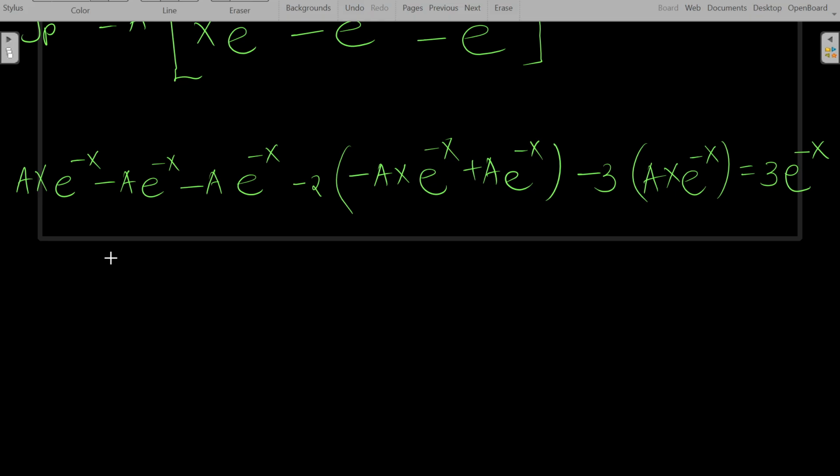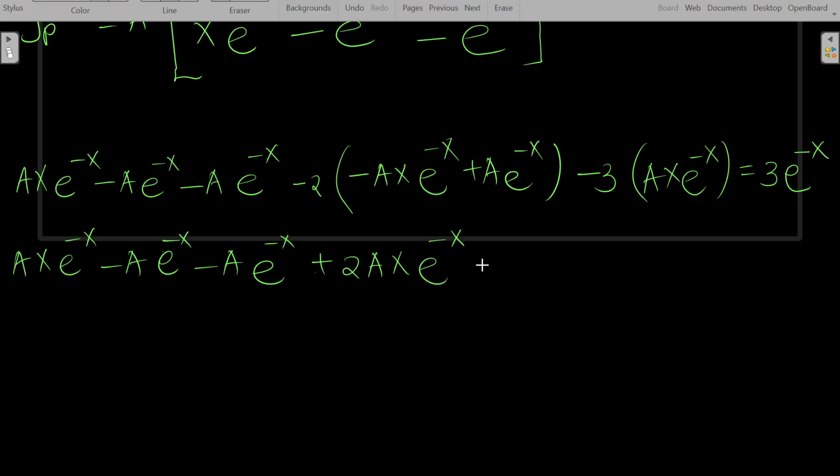Now, let's get our answer. So let's open this bracket a bit. So it will be ax e raised to negative x minus e raised to negative x minus a e raised to negative x. This minus goes down to plus, so it will be plus 2a x e raised to negative x.